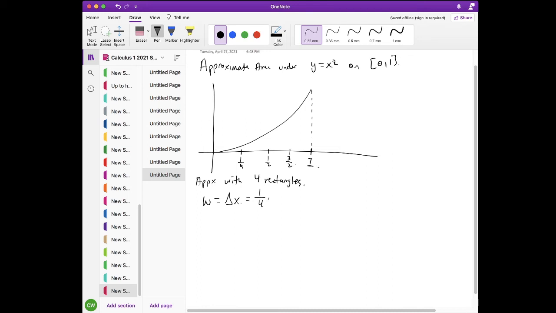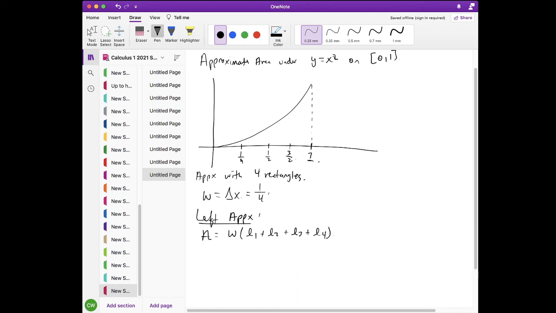So let's use left approximation. The area is going to be width times L1 plus L2 plus L3 plus L4. Okay, so let's do it. What's L1? What is the first rectangle?